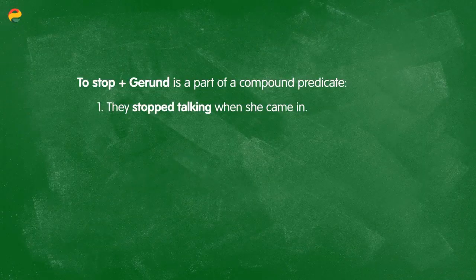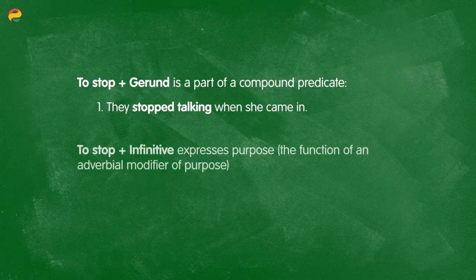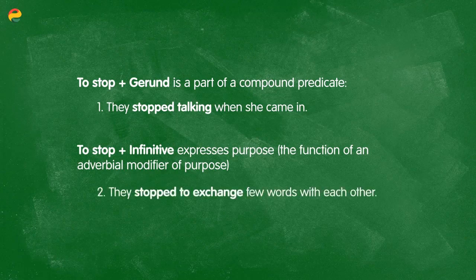However, if I use the infinitive, I'm expressing purpose, or grammatically, I'm modifying my verb with an adverb which expresses purpose. They stopped to exchange words with each other. Here, I'm telling you about why they stopped, not what they stopped.